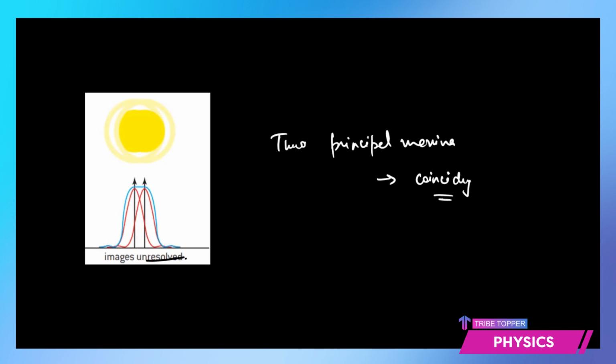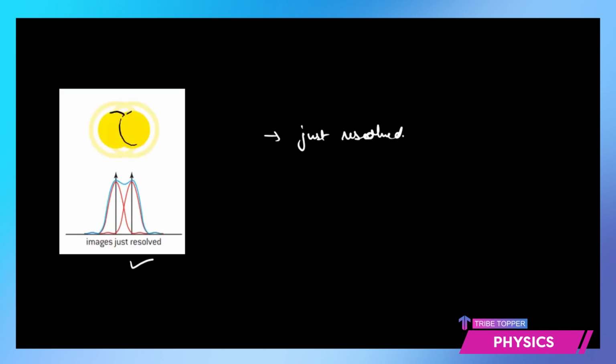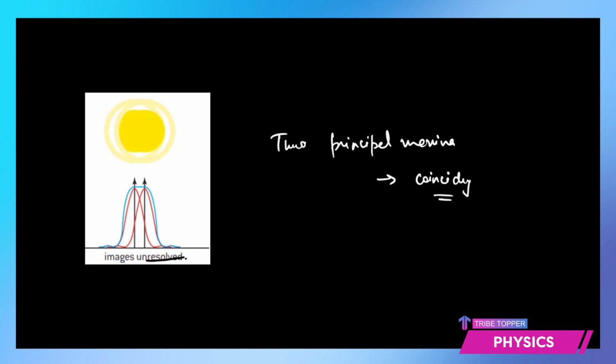To see again, this is the first case where we had a clear-cut, fully resolved image, with two principal maxima separated by the minimum required distance. In the second one, they are overlapping, but we would say the images are just resolved because we can make out there are two. But in the third case, the two principal maxima are almost coinciding, so these images won't be resolved.